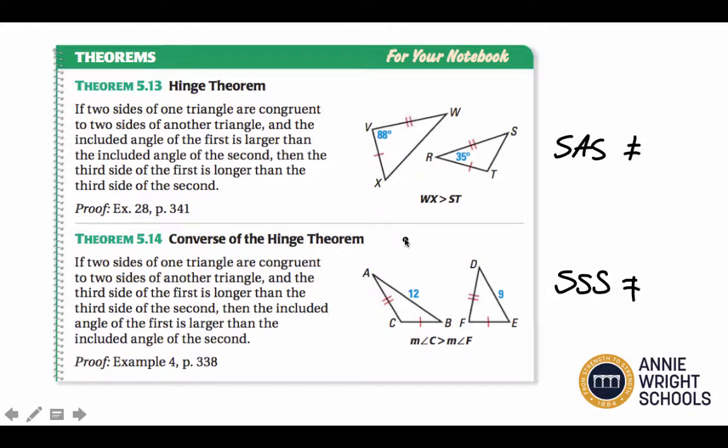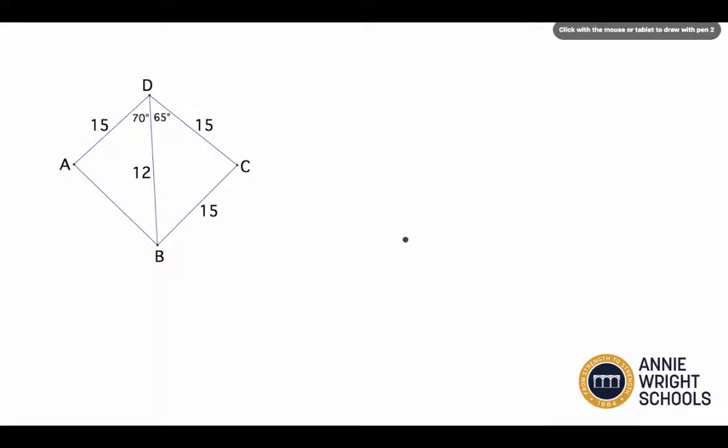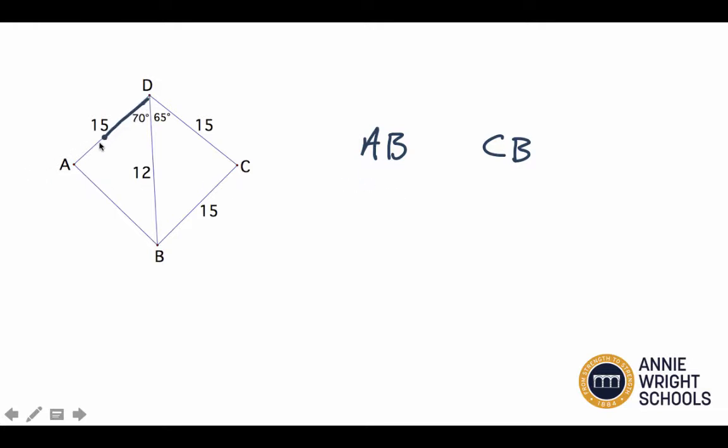The way they would work is if we were to have a picture like this. You could tell me what side is bigger, AB or CB. The way you know is that 15 is the same as 15. Figure not drawn to scale, by the way. Okay, 15 is the same as 15. I think that's supposed to be a 22, sorry. 22 the same as 22.